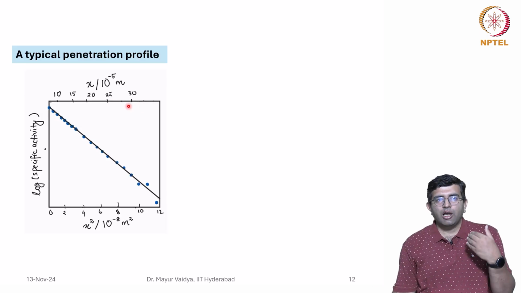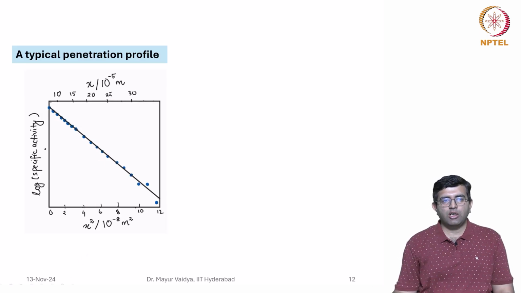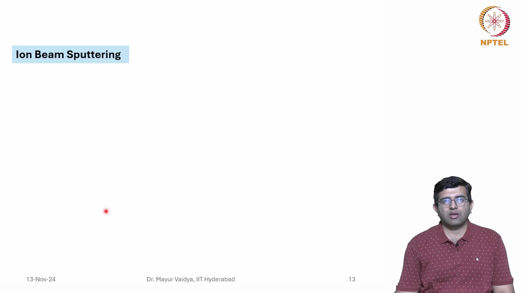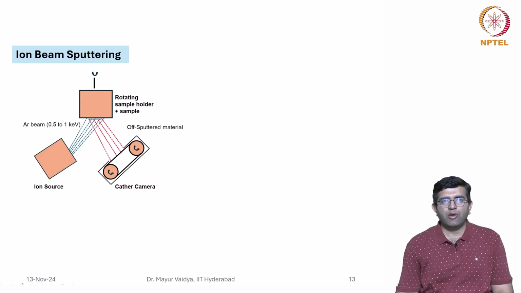Therefore, for measuring low diffusion coefficients, you use something called ion beam sputtering. Your sample is placed on the sample holder, and you impinge an ion source on your sample, which results in the sputtering of the material of the layer.